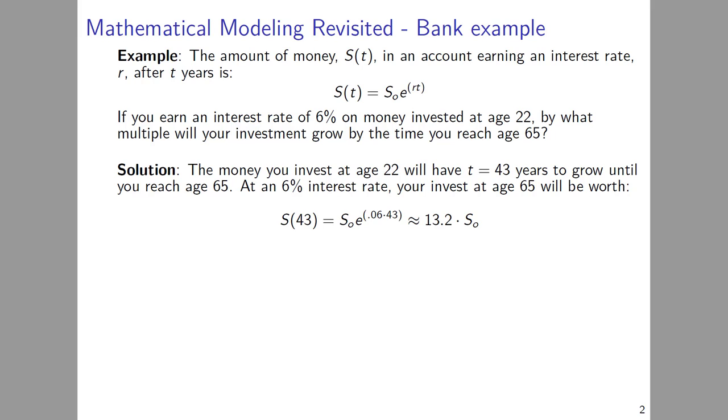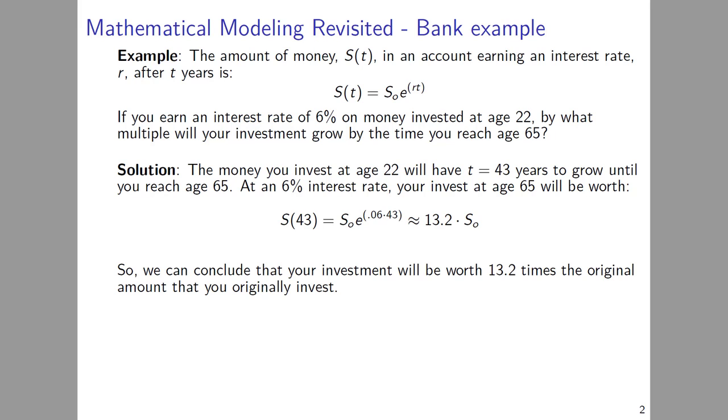Notice here that it doesn't matter what the starting amount is that you originally invest. You'll always have 13.2 times as much money as the original input. So we can conclude that your investment will be worth 13.2 times the original amount that you originally invested.